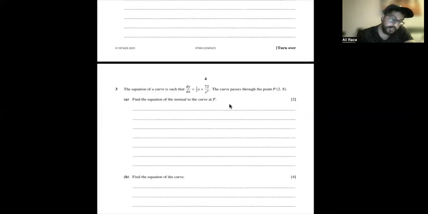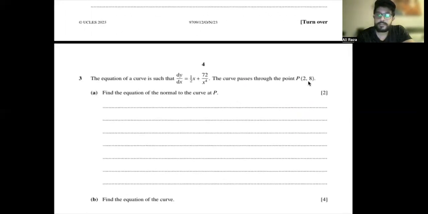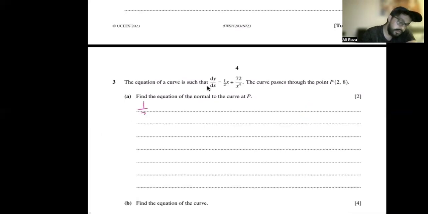In question 3, we're given the dy by dx equation, half x plus 72 upon x to the power 4, and the curve passes through the point P, which is (2, 8). We need to find the equation of the normal at P. So when we plug in 2 in the dy by dx equation, we'll get the gradient of the tangent.